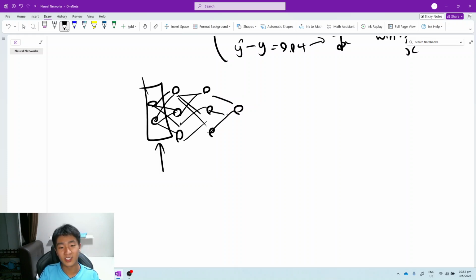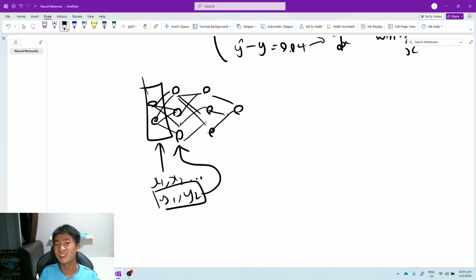Each of these input neurons receives your input variables x1, x2, etc. Normally you put them in a matrix, but let's not involve matrices. The outputs of these, let's say they are y1, y2, since there are only 2, are passed into the second layer as their inputs.